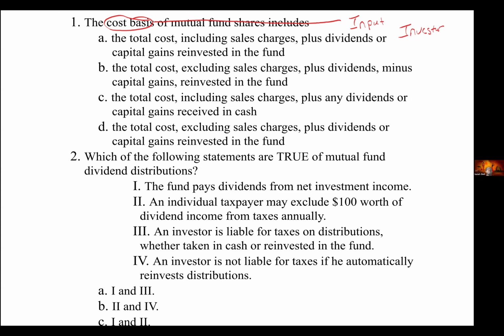And why is it A? It's A because when we look at cost basis, we're looking at what has been input, but we're also looking at what's been spent. So sales charge. Let's say you're buying a mutual fund, this mutual fund is $20.